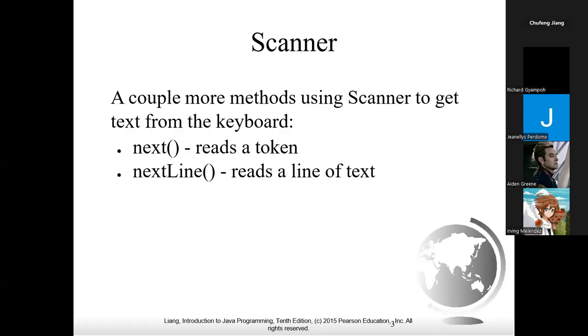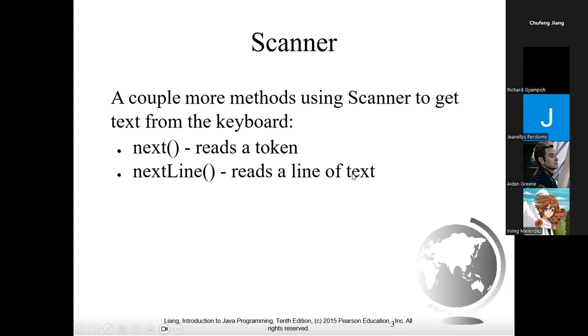And we never mentioned it a lot because it's a little bit out of the scope of the beginning and junior Java class. But here we will introduce something more. For the Scanner, there are some more methods to use.